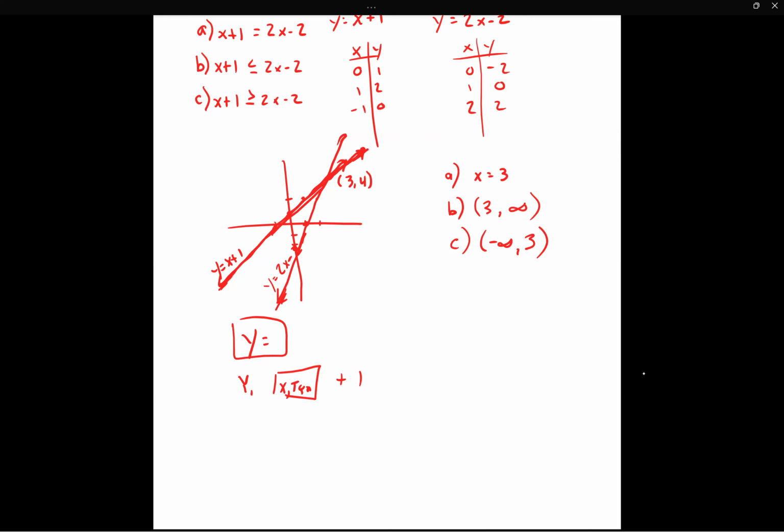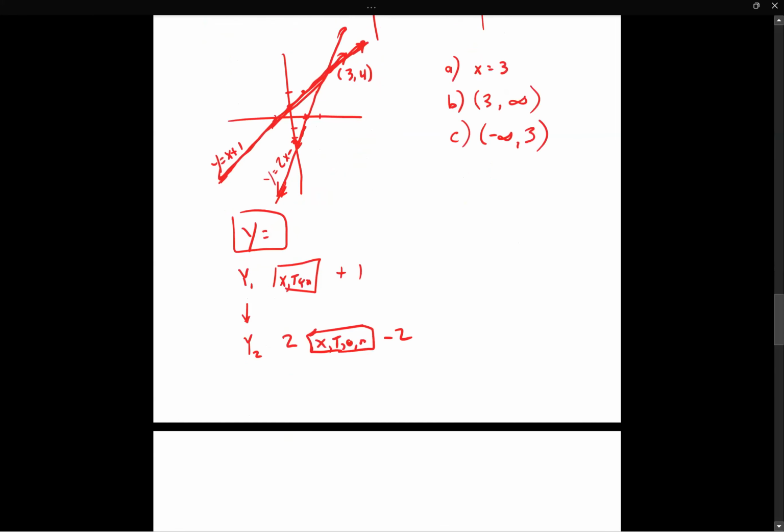Then hit your down arrow so that you're at y2. First hit 2 and then hit the X,T,theta,n button. Then hit -2. Okay, we've got both of them in there.